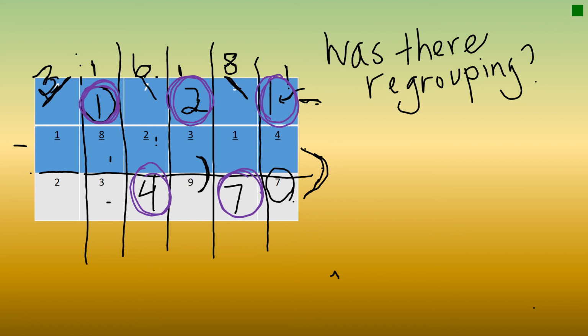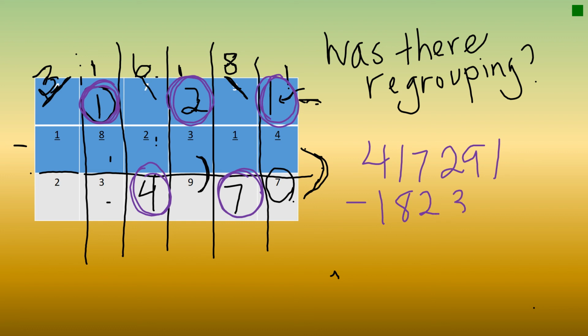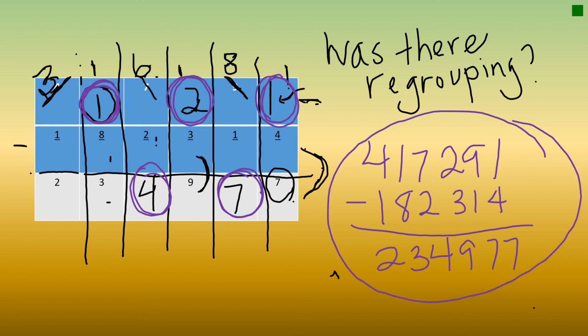So the question would have started out as 417,291 minus 182,314, and then the final answer would have been 234,977. That is the problem that we did.